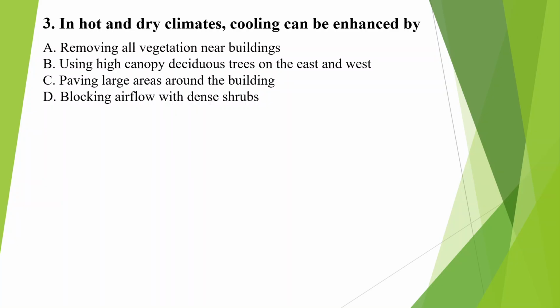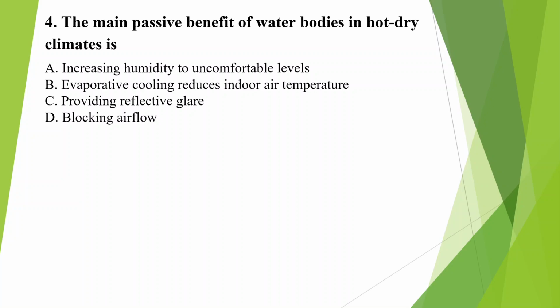So let's move to the next question then, question number 4, and let's see how many of you can answer. Here is question number 4. It is talking about the main passive benefit of water bodies in hot and dry climate.